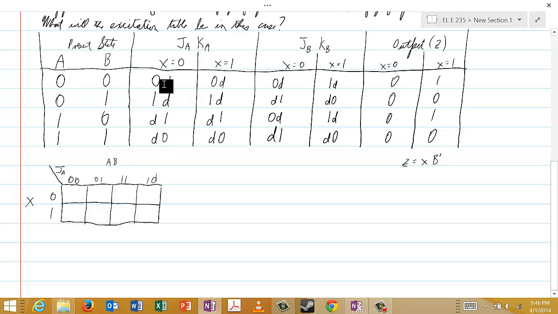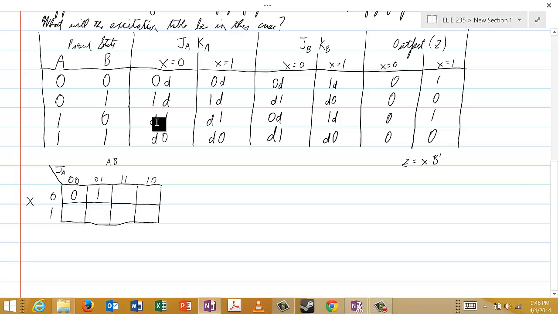Okay, so JA will be 0 when A and B are both 0. So here we have A is 0, B is 0, so JA will be 0. When A is 0 and B is 1, it will be 1. When A is 1 and B is 0, it will be a don't care condition.